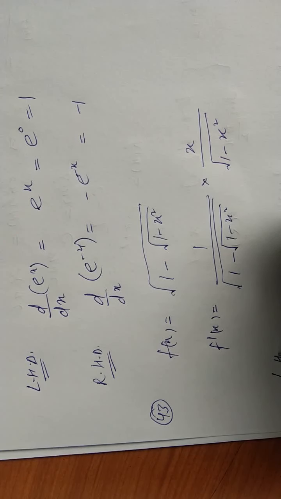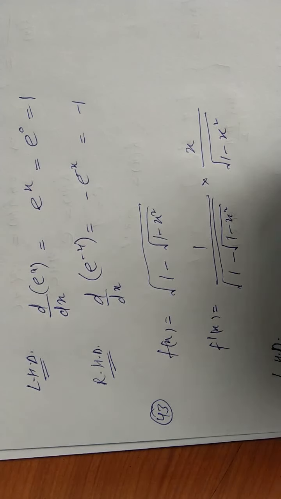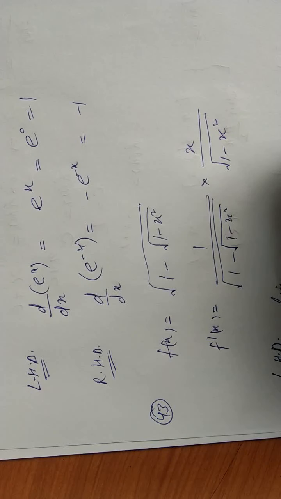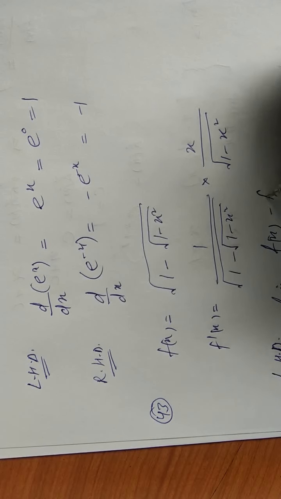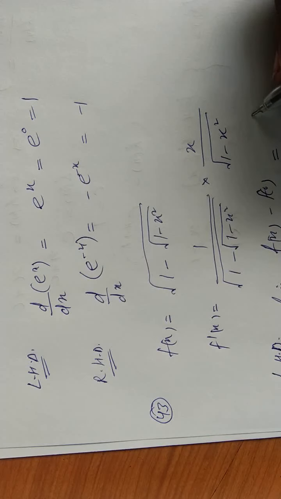Calculating LHD, limit x tends to 0 from negative side, f(x) minus f(0) upon x minus 0 is equal to f of minus h minus f(0) upon minus h.